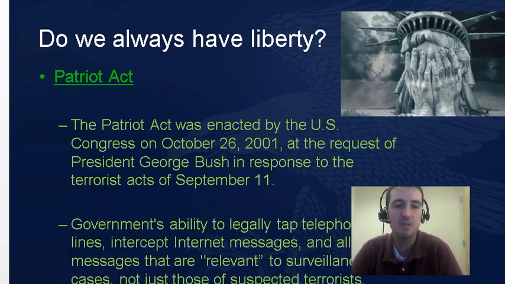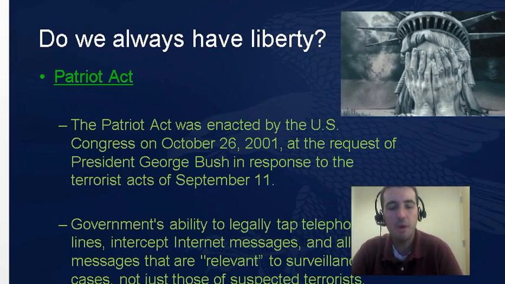It made it much easier for the government to basically look and see what we were doing. Some people think that this violates our liberty, that it goes against some of our basic rights, and some people think that it's necessary because they're only using it to go after people who are doing bad stuff, so the rest of us shouldn't mind because the government's just trying to protect us.